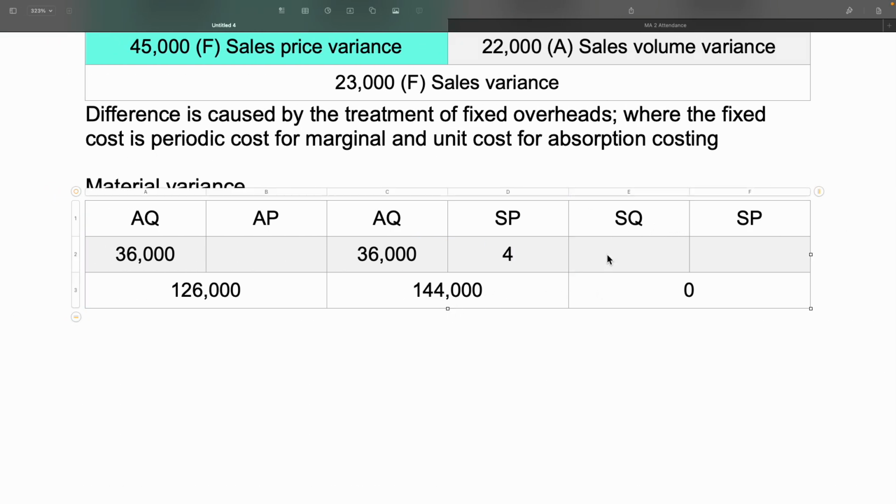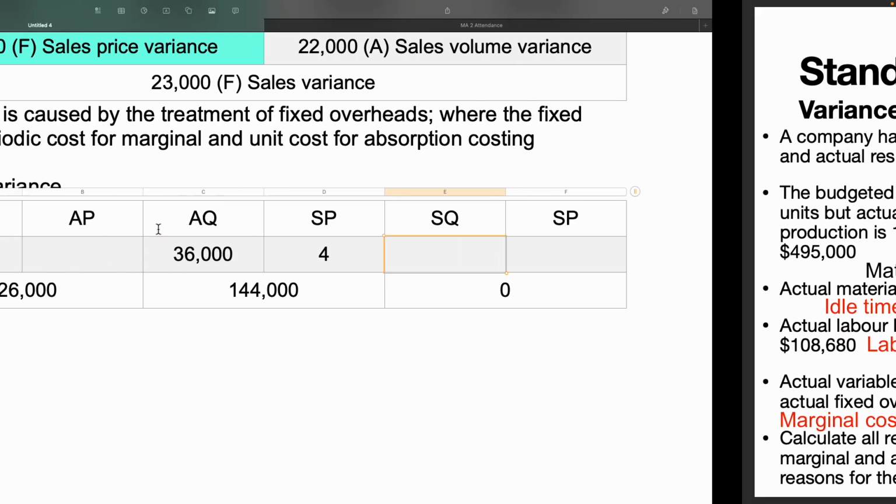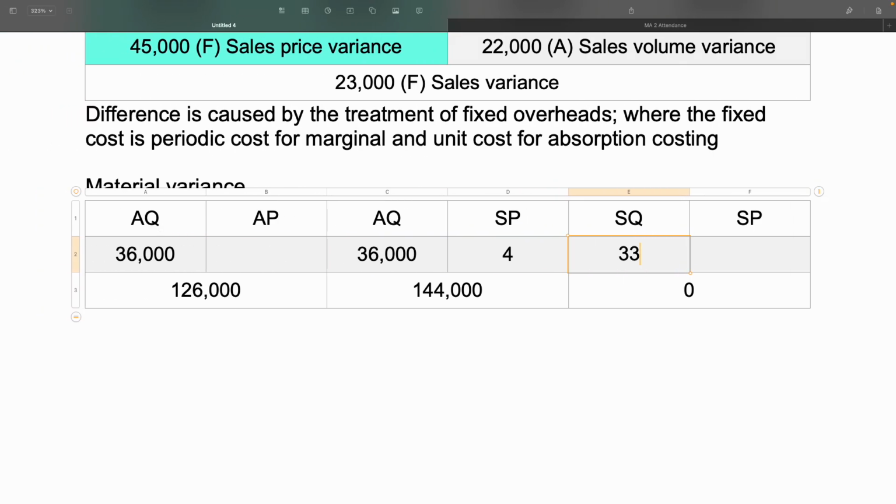And this one, standard quantity, is 3 kg times your actual production. Production is 33,000. And this is going to be 4. So you got that number.